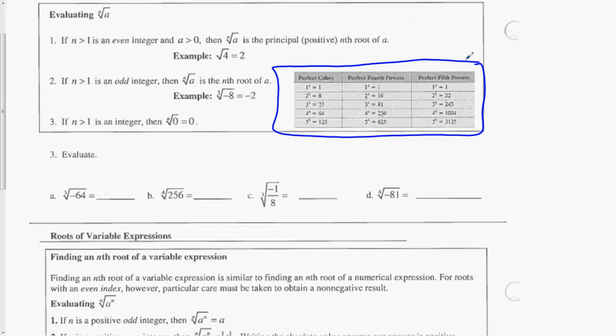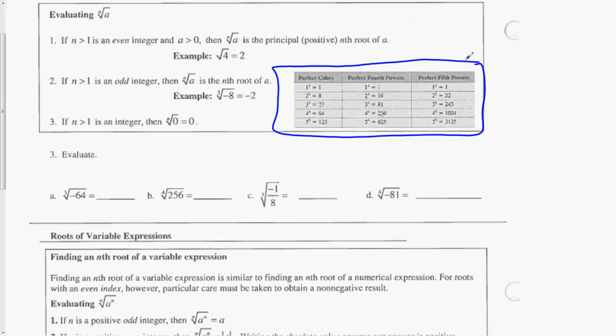That would be a good worksheet to print out to have in front of you when you're simplifying these square roots and cube roots and any of these roots. It's good to have a list in front of you. We can make the list ourselves, but I'm going to post that list, and it's going to have a list of perfect squares, perfect cubes, perfect fourths, and perfect fifths that a student did for me one semester.